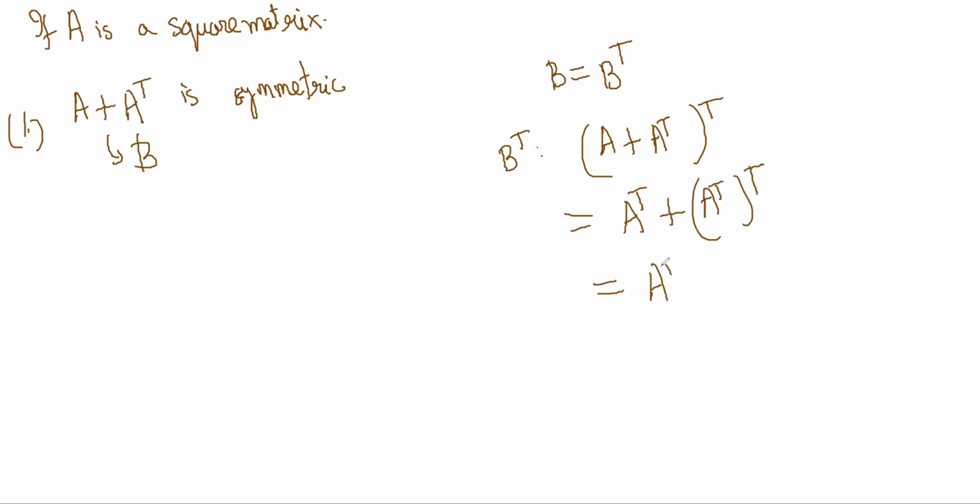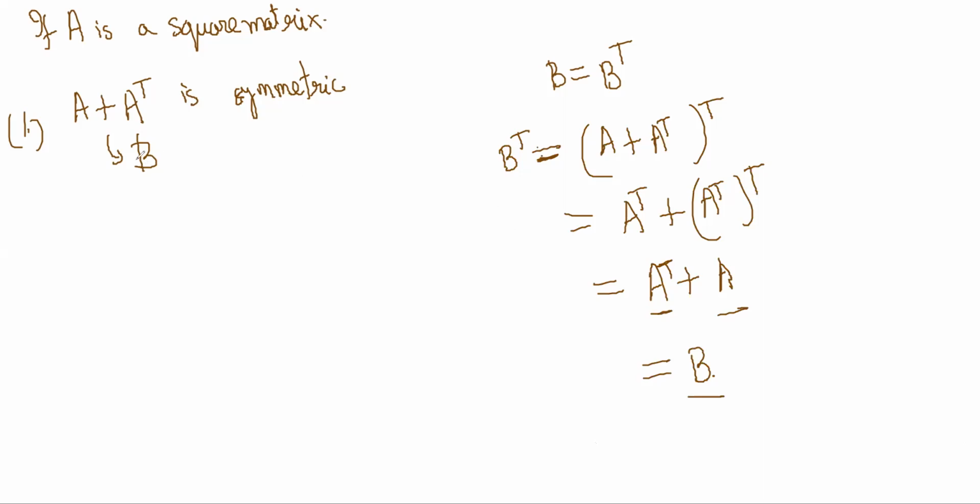If you do transpose two times, you have interchanged it two times, so it becomes the same as the original. So B transpose is becoming A transpose plus A, which is the same as B.